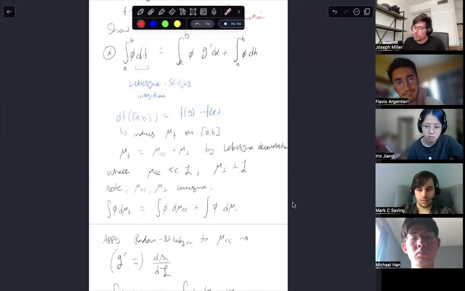And so in order to create the full measure, I'm using an extension theorem. That's where I'm using it to actually define the object. And then the rest of it is just applying measure theory results and using uniqueness of this decomposition.